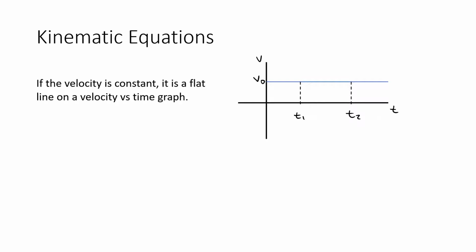Finding the area of a rectangle is fairly easy. So I could say this is delta t. The area of that is just delta t times v naught. So side times base.